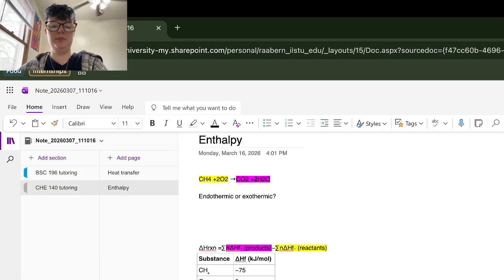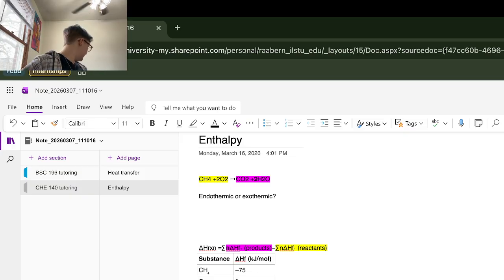You have to be able to take the bigger number and multiply it by delta HF. Oh, sorry, kilojoules per mole.